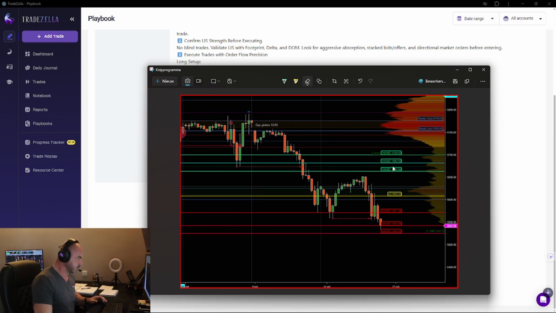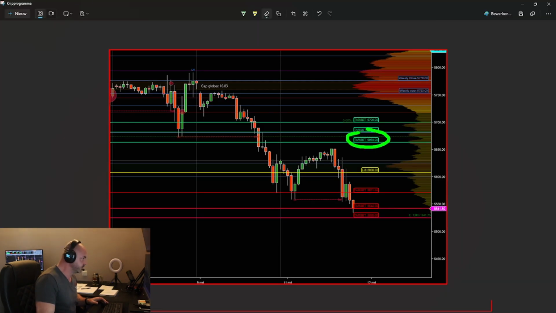Which means if you're going long and you see on your DOM a lot of buy limits being added here, then you can safely add another contract and target this one. If, for example, you're going long and you suddenly see a lot of selling delta moving in, then it's only logical to leave your position and not be as stupid as to think it will turn around in your favor.